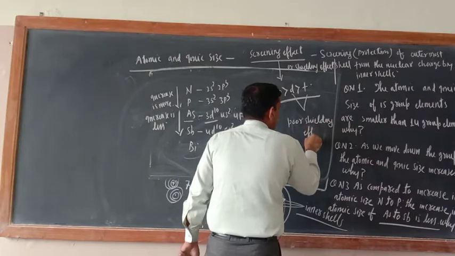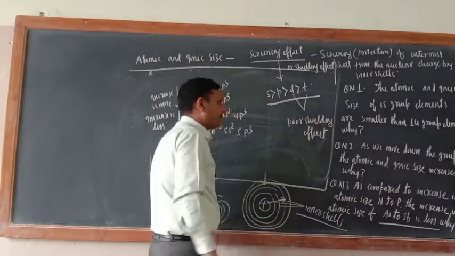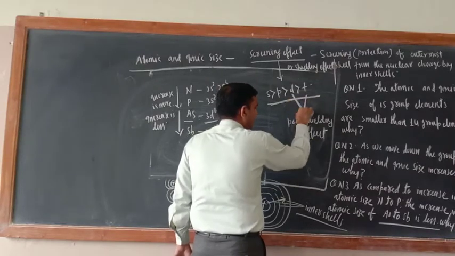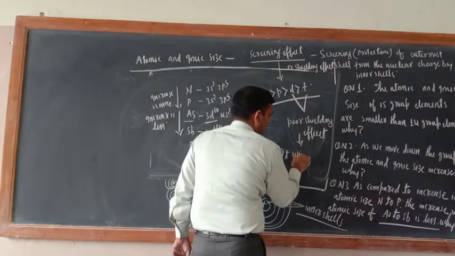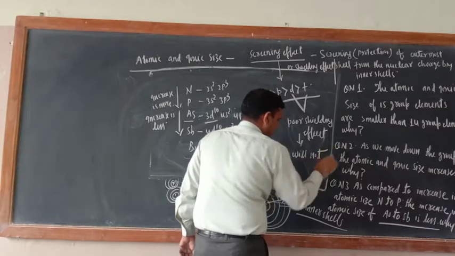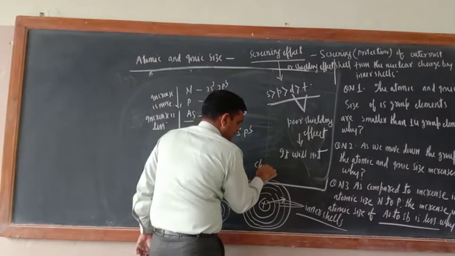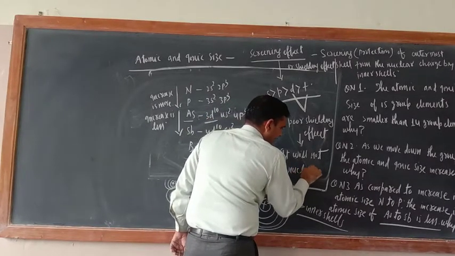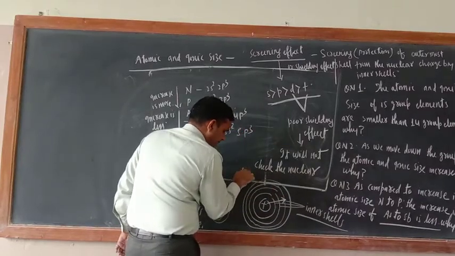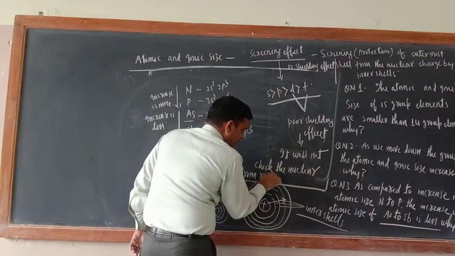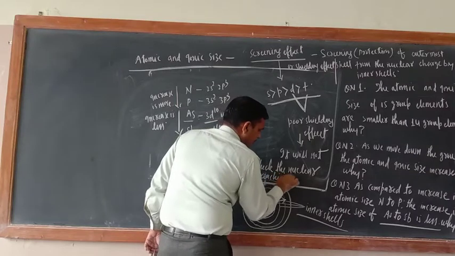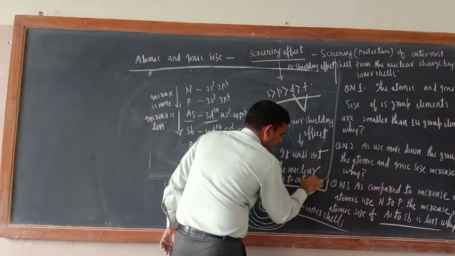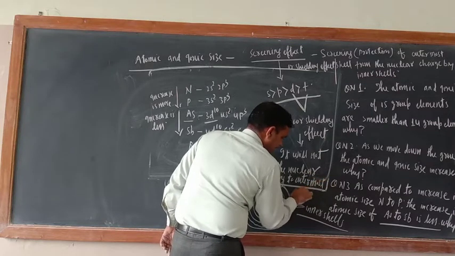Poor shielding effect means these d and f will not check the nuclear charge from reaching the outermost shell.